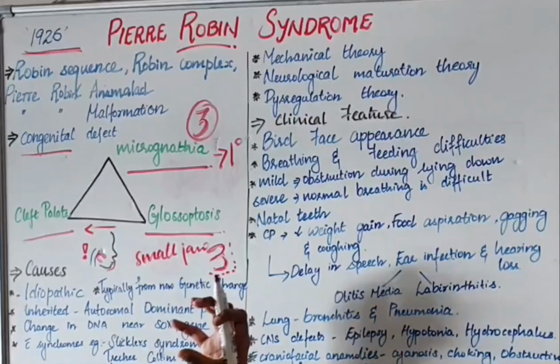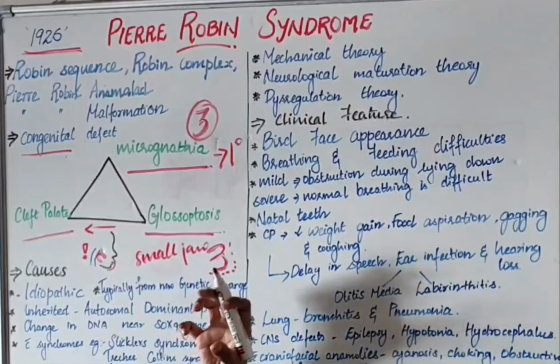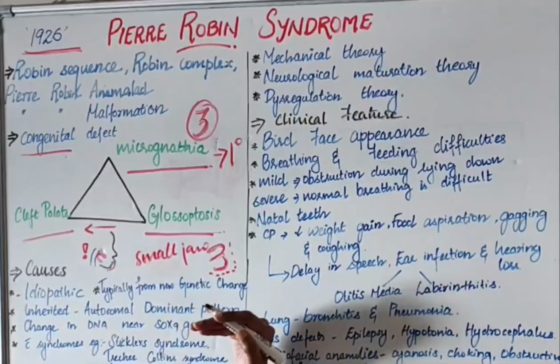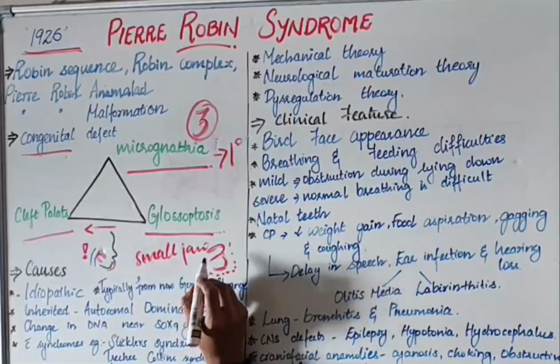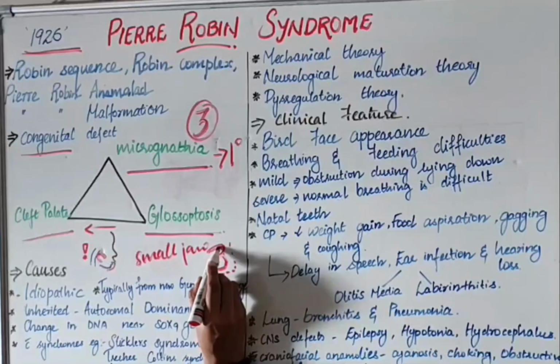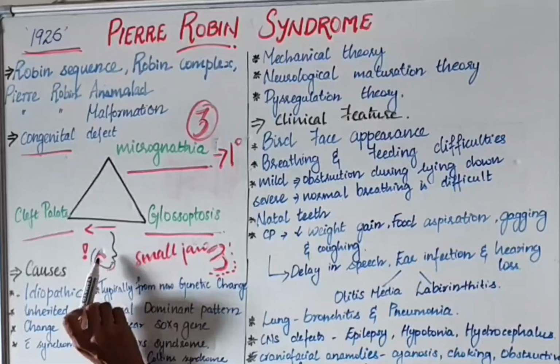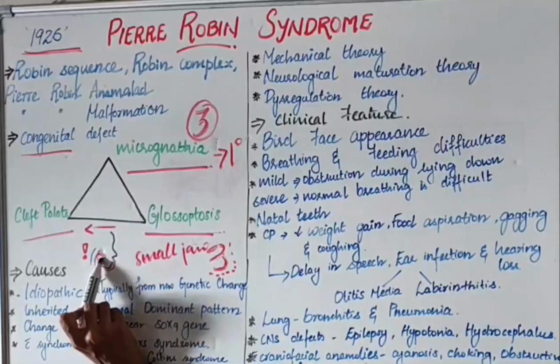So there will be no space for the tongue to occupy. There will be no normal descent of the tongue, and the tongue will tend to fall back towards the throat area and obstruct your airway. This is what happens in glossoptosis.